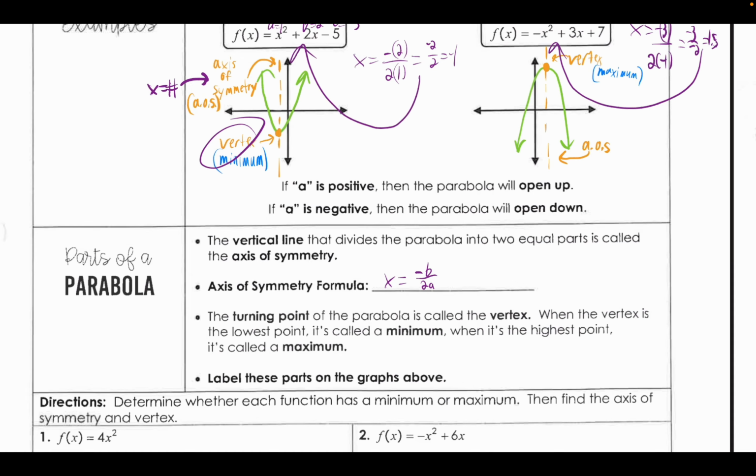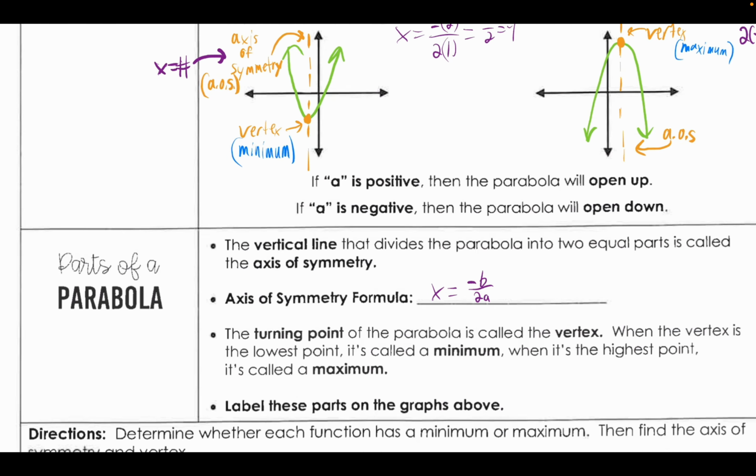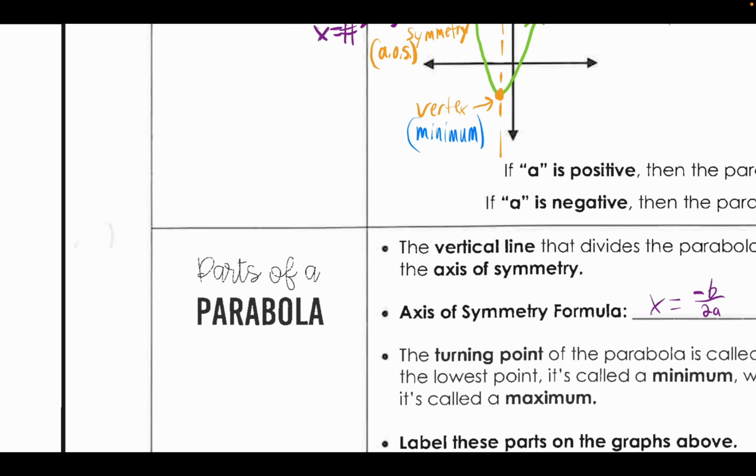So we plug that in to both x's, and we end up getting our y value out, or the f of x value out, to be the y value of the vertex, and thus we get an ordered pair. It's very similar to how we had with absolute value functions. When we had absolute value functions, we would find the x value of the vertex, which is the same thing as the axis of symmetry, by saying, okay, like f of x equals the absolute value of x plus 2, plus 5.